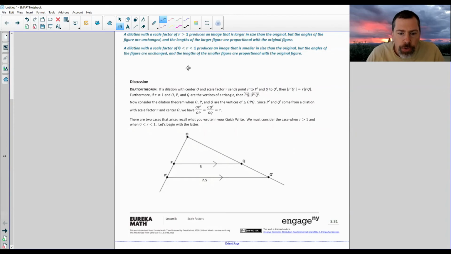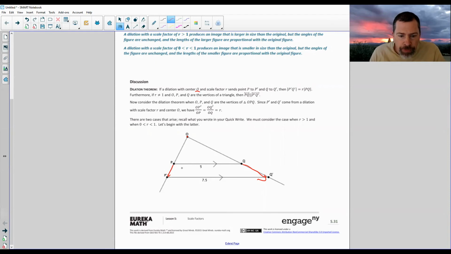So if we have a dilation centered at point O, which is right here, and a scale factor of r sends point P to P prime, so that sent it out to here, and Q to Q prime, then the length of P prime Q prime equals some scale factor of PQ, and they're parallel. That's what we were just saying right here.